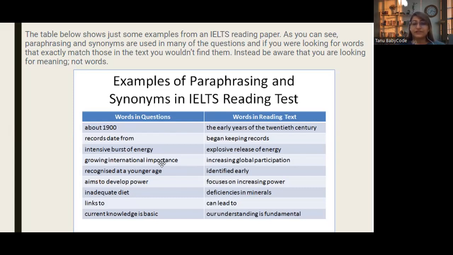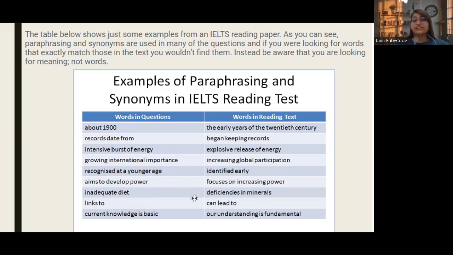Again, paraphrased in the text as increasing global participation. That means the same. Next, recognize at a younger age can be paraphrased as identified early, or identified at an early age. Aims to develop power has been paraphrased too. Aims is like focuses on, and developed as in increasing the power.